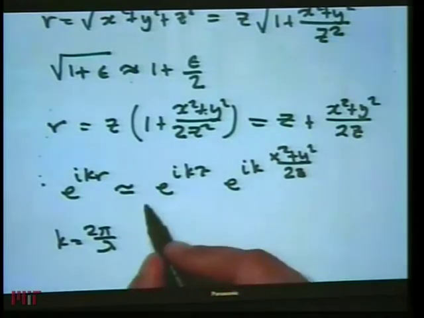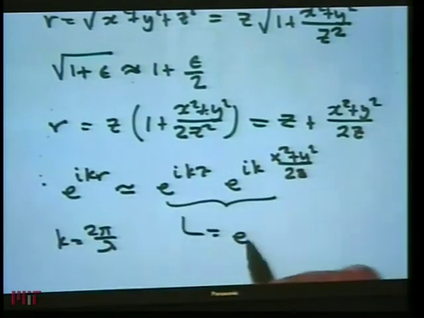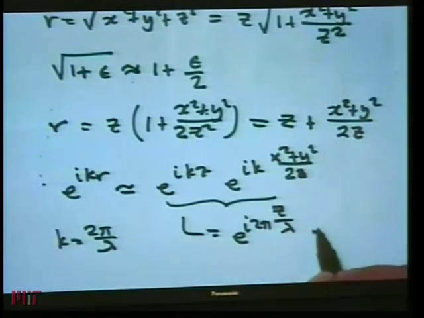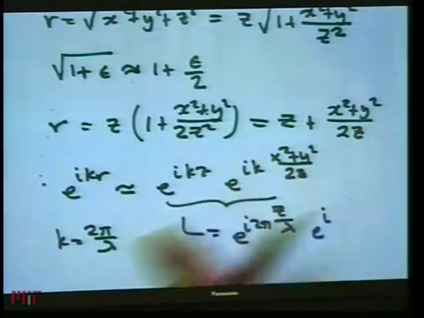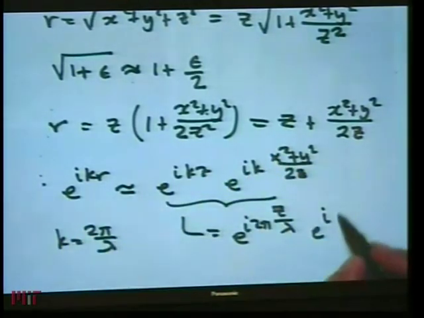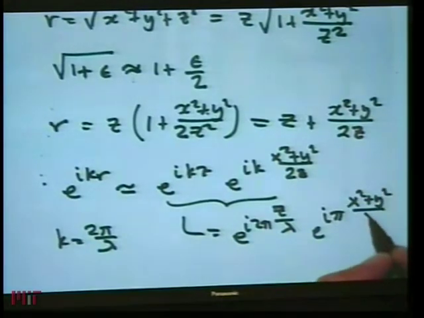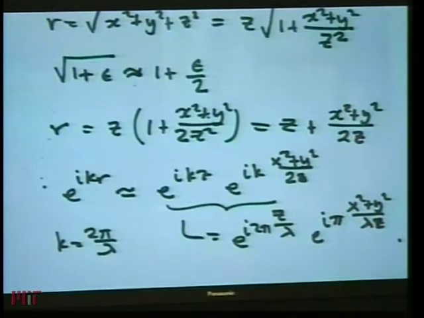And then this expression becomes e to the i 2 pi z over lambda times e to the i, notice what will happen, the 2's will cancel, a pi will remain, and you will get pi times x squared plus y squared over lambda z. Okay. So all of these are interchangeable expressions that we can use for spherical waves.